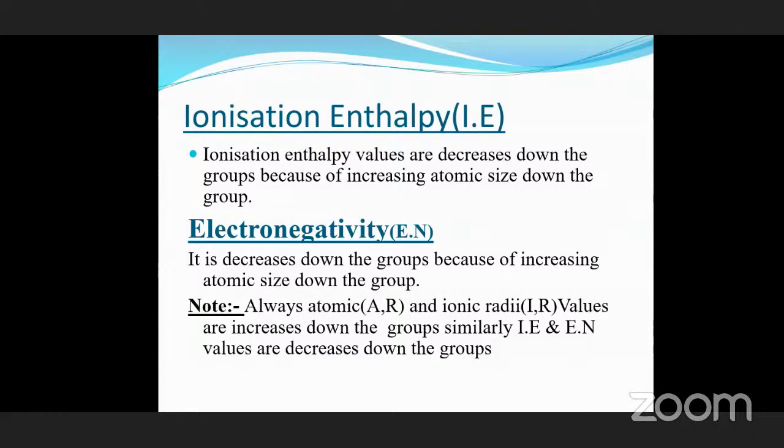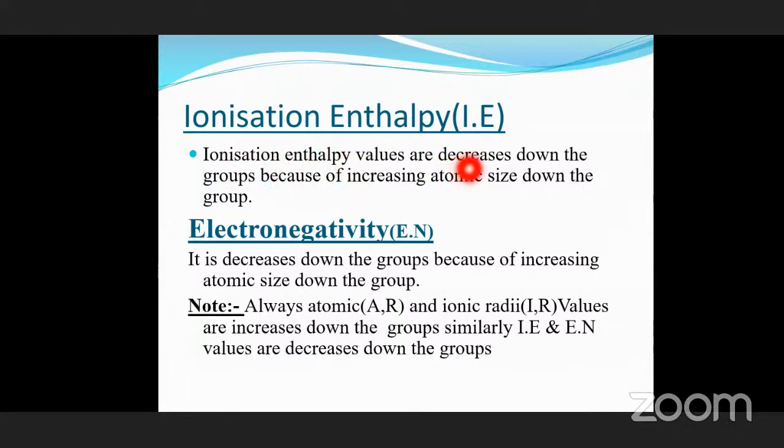The amount of energy required to remove one electron from an isolated gaseous atom is called ionization enthalpy or ionization energy, which is represented by the IE symbol.